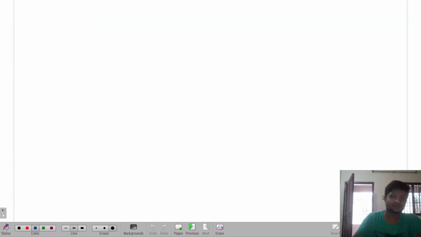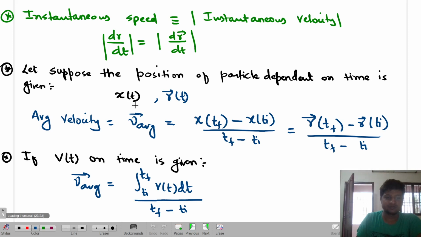The last point. Now as these are x of t, v of t, velocity can also be dependent on position.